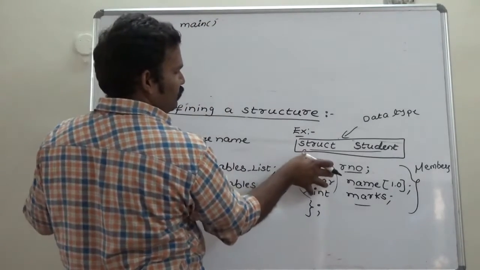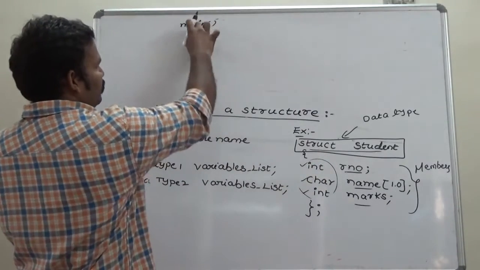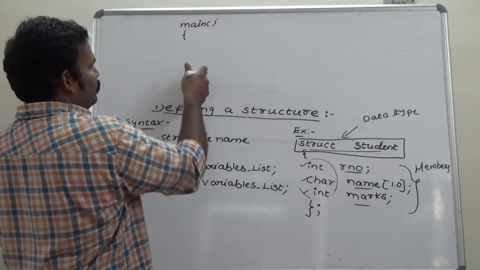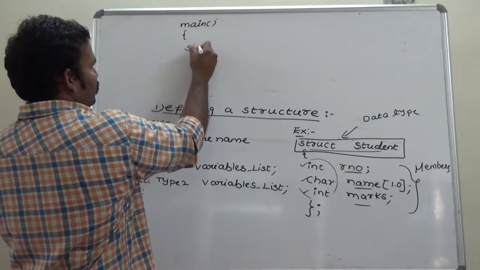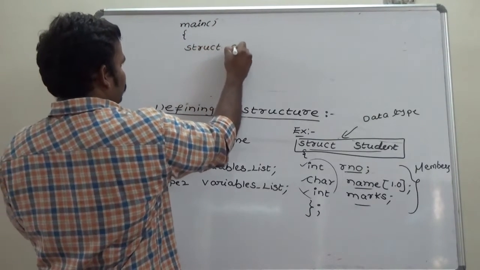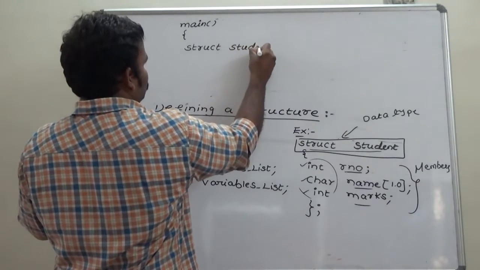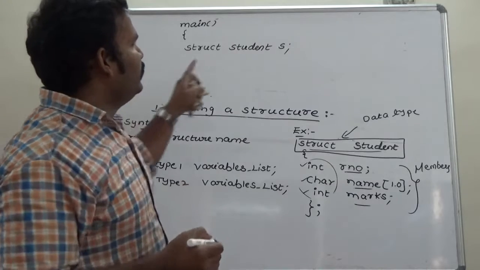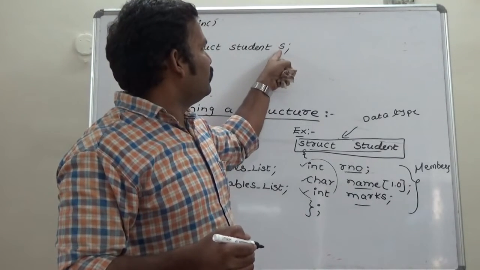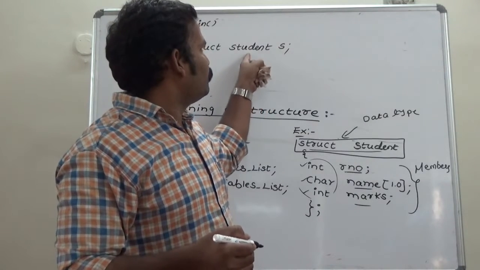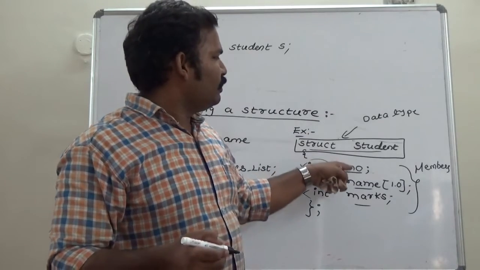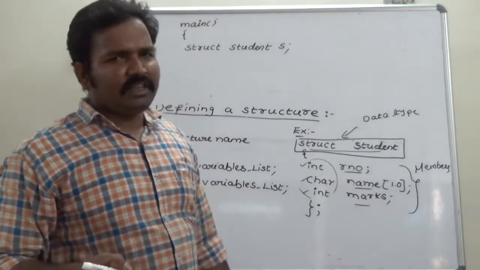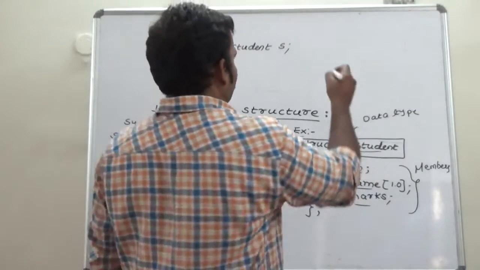After defining the structure, we write the main function and declare one variable, struct student S. When we declare the S variable of struct student type, only then is memory allocated for the structure members.